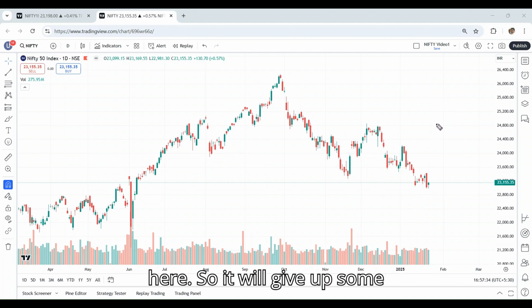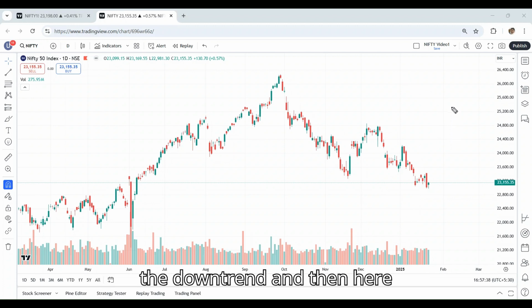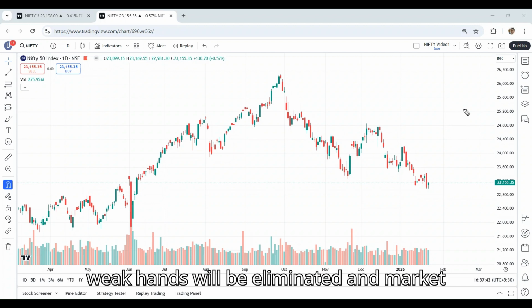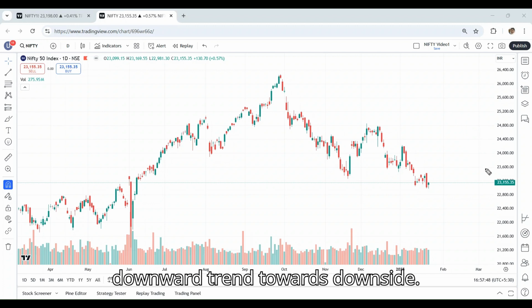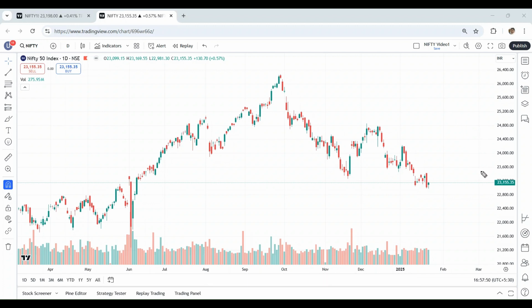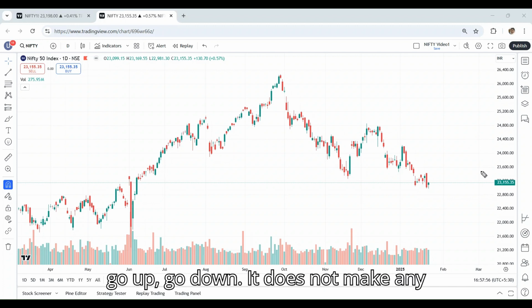It will give up some gains, or it will gain some points while in the downtrend, and then weak hands will be eliminated and the market takes its natural path, that is, a downward trend towards the downside. Otherwise, I can tell you anything, whether it will go up or go down. It doesn't make any sense.